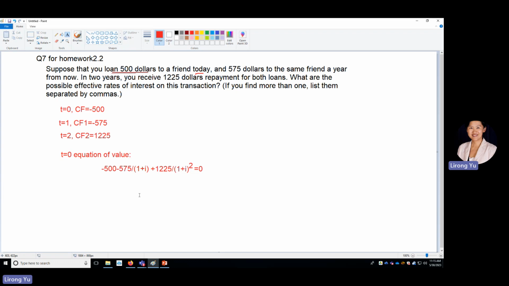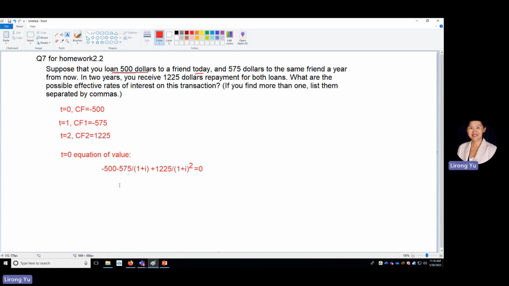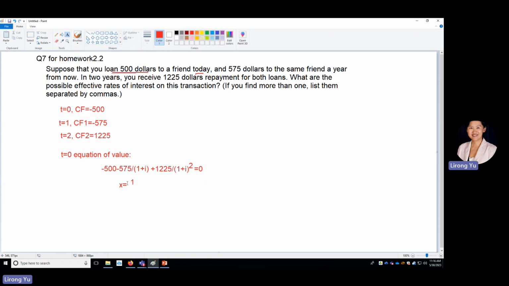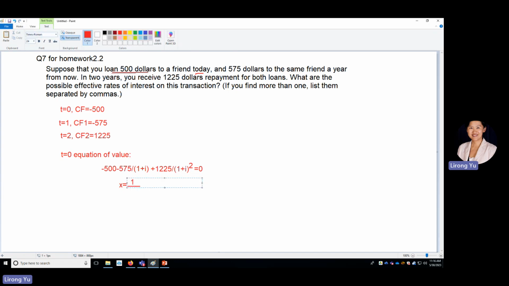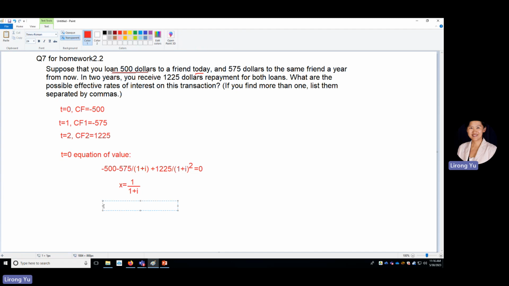If you want to solve for this, I would recommend letting x equal 1 over 1 plus I. Really, that's the discount factor. So this discount factor is our x value.